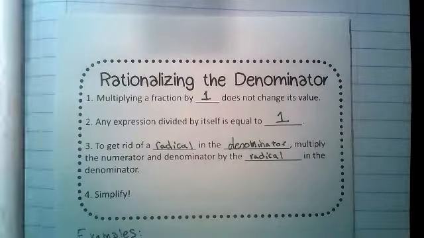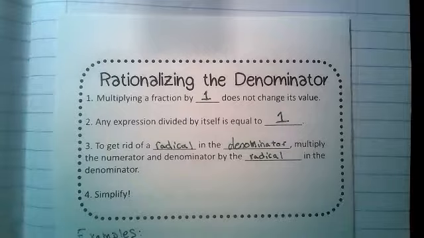The first is the multiplication identity property, where if we multiply a fraction by 1, we don't change its value. The second is that any expression divided by itself is equal to 1. Like 3 over 3 is 1, 4 over 4 is 1, 2 over 2 is 1.